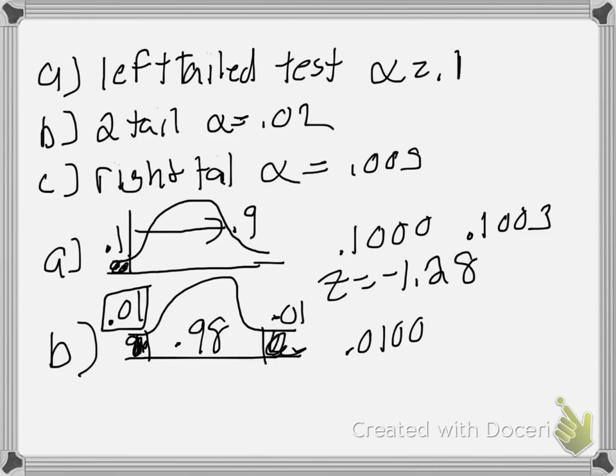I have 0.0102 and 0.0099. So it looks like 0.0099 wins. The z-score that goes with that is negative 2.33.